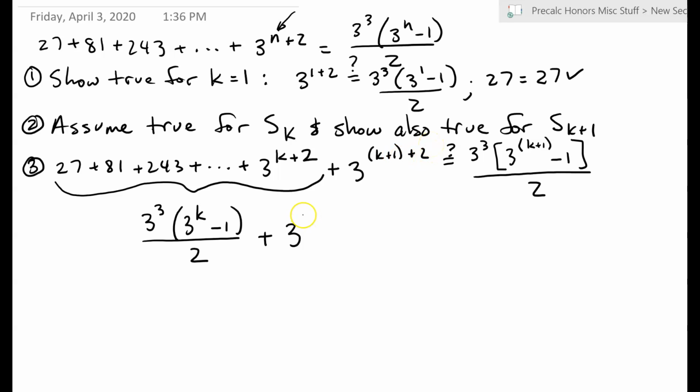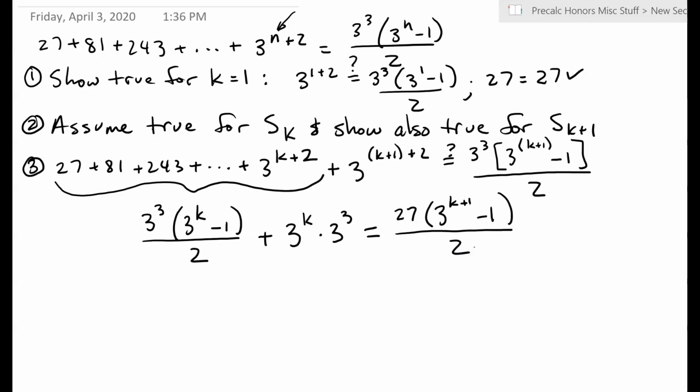So I'm going to make it 3 to the k times 3 to the third, because this term here is really k plus 3. So instead of writing it as 3 to the k plus 3, I'm going to write it as 3 to the k times 3 to the third. Alright, and over on this side, we'll do a little simplifying. 3 to the third is 27, so we'll just make that 27 times 3 to the k plus 1 minus 1 over 2.